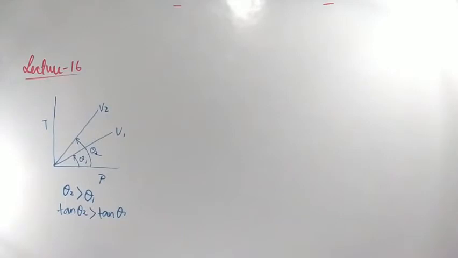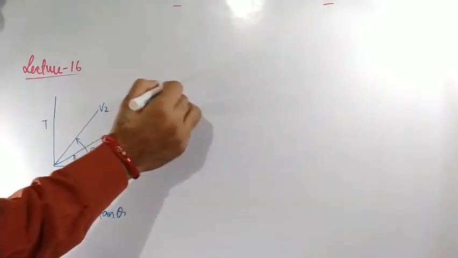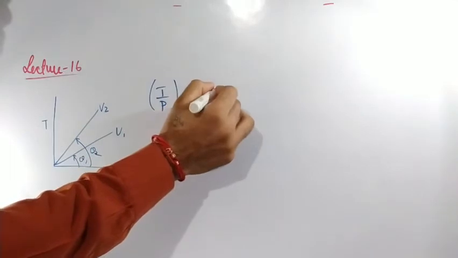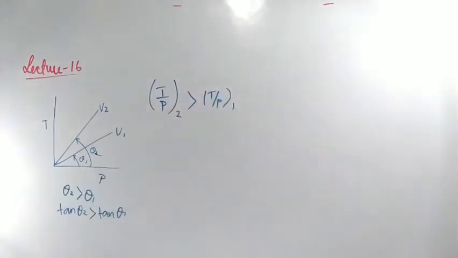So tan theta 2 is greater than tan theta 1. Listen, slope from this graph is nothing but T by P. So T by P for the second graph should be greater than T by P for the first line.